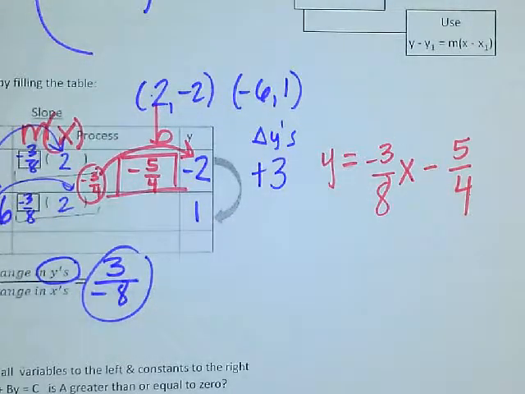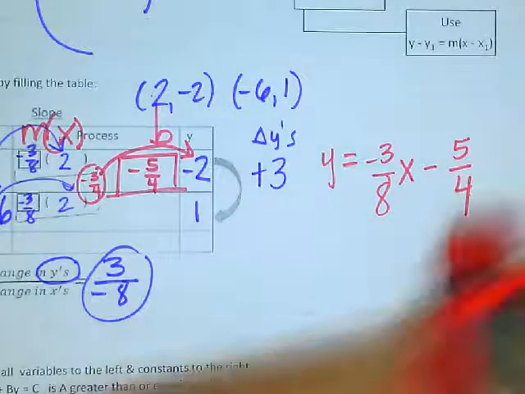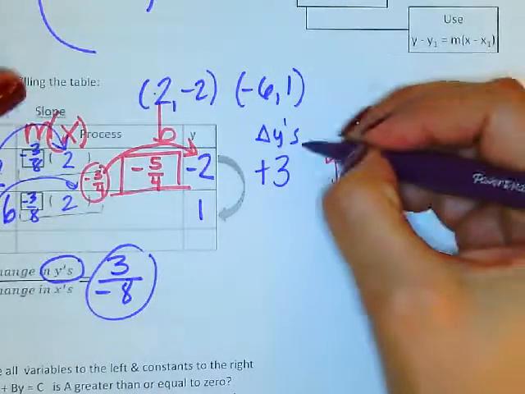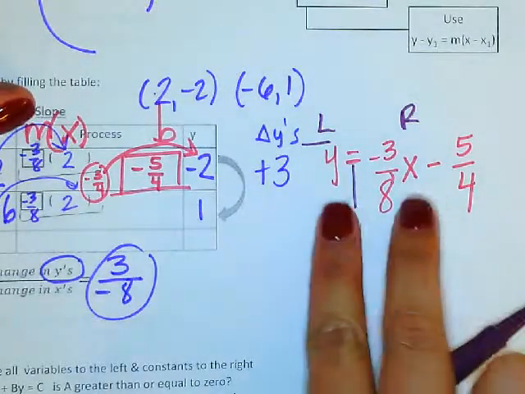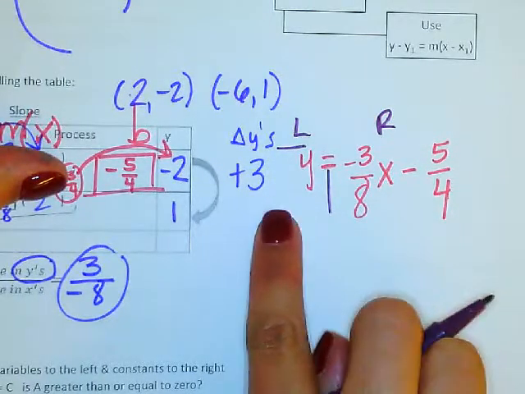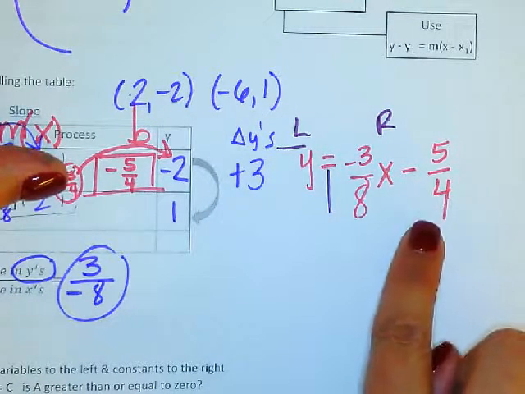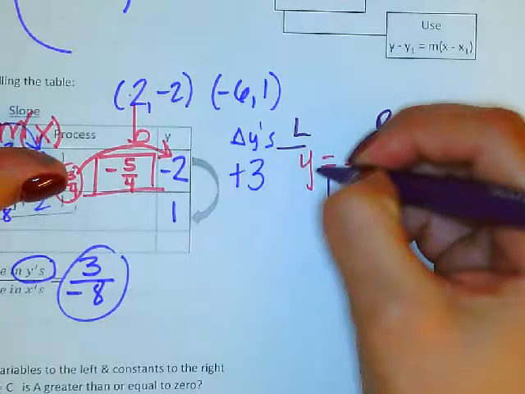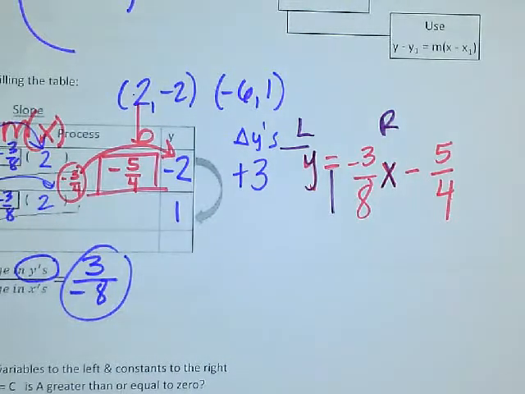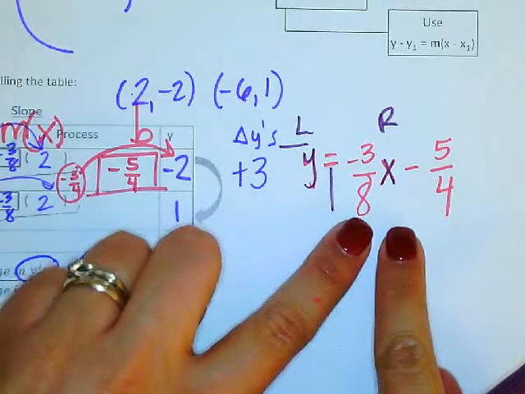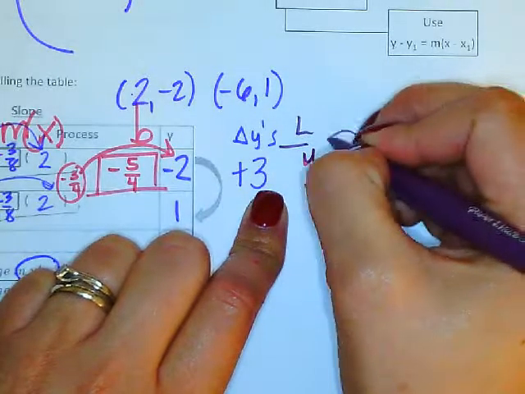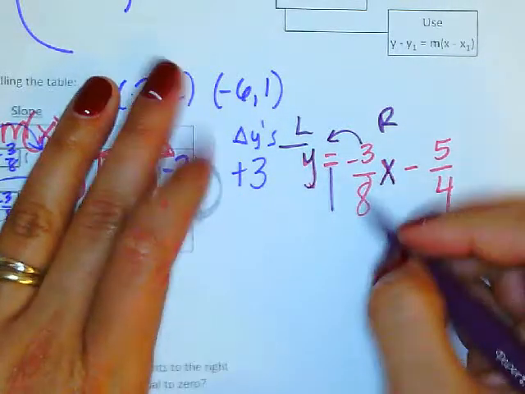So now I have it in y equals mx plus b. But remember, I want it in standard form. In standard form, I need to have my variables on the left and my constants on the right. My variables being x and y. And in this case, they're not both on the left. The x is on the right, so I got to move that to the left.